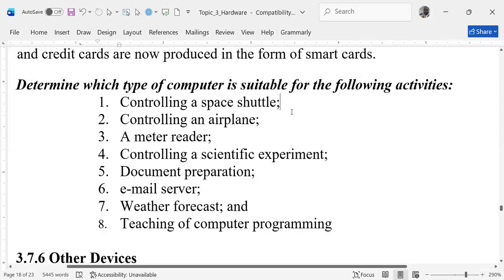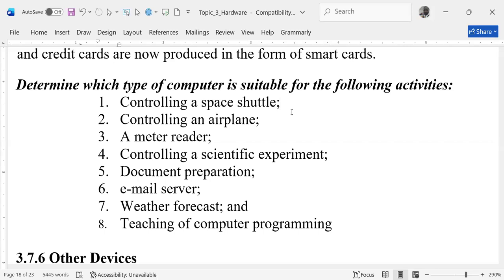1. Controlling a space shuttle. If you give supercomputer or mainframe, you can't combine mainframe and supercomputer. It could be mainframe or supercomputer, just one. Controlling an airplane, mainframe or supercomputer will do. A meter reader, computing device.